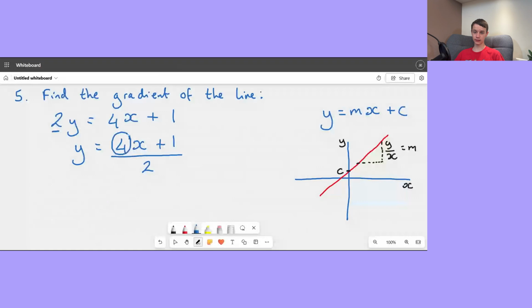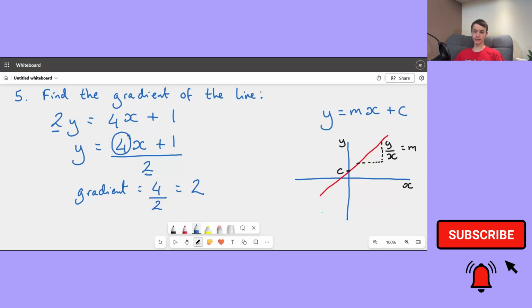So we have our gradient, which is 4, but it's over 2. So 4 divided by 2 is 2. So 2 is the gradient. We have a session on rearranging formulae, which is definitely worth a watch.